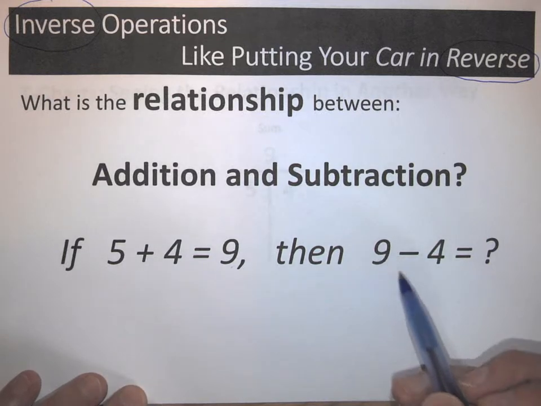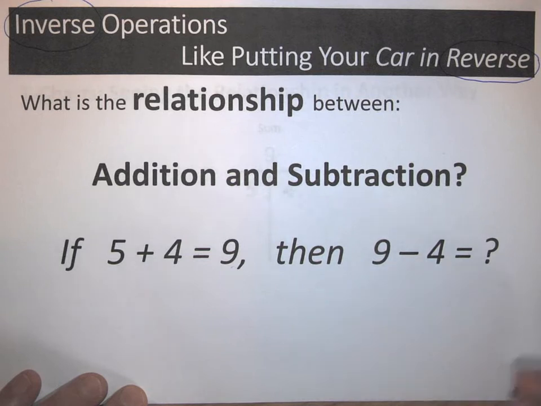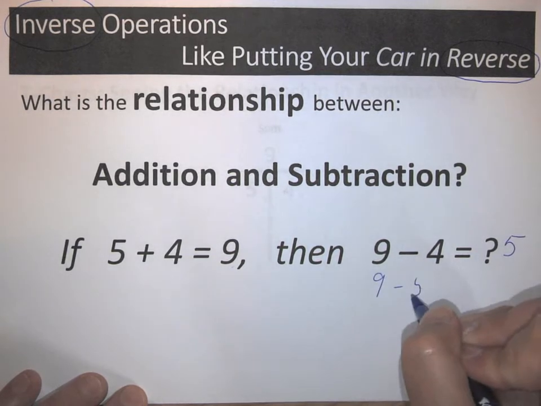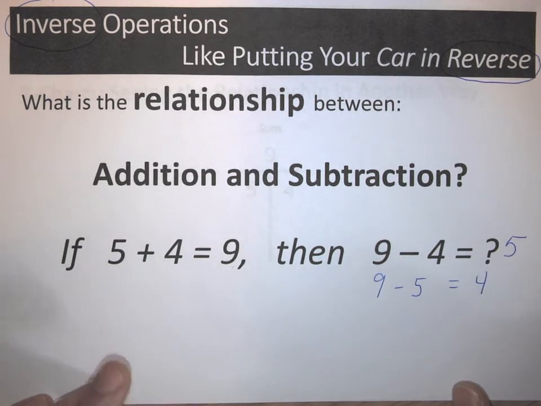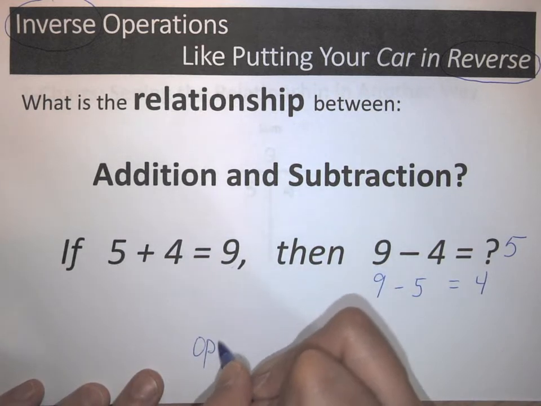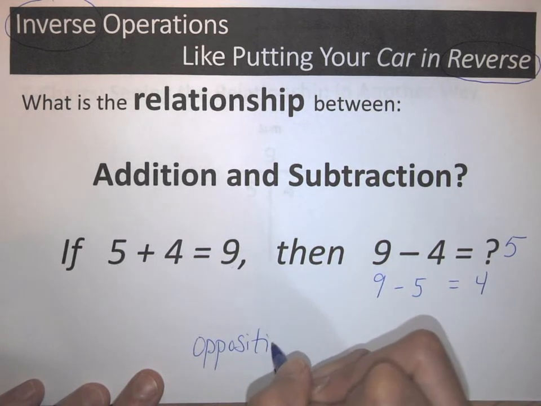Now I'm doing the inverse operation, and 9 minus 4, of course, is equal to 5, or 9 minus 5 is equal to 4. So we have this very important relationship that's going to follow us throughout all the other math that we do, which is that addition and subtraction, they're opposites.